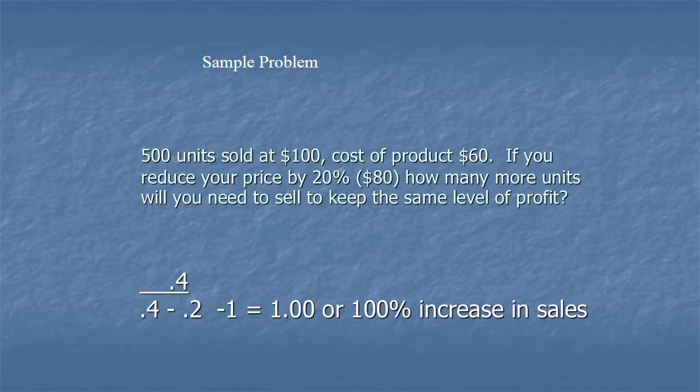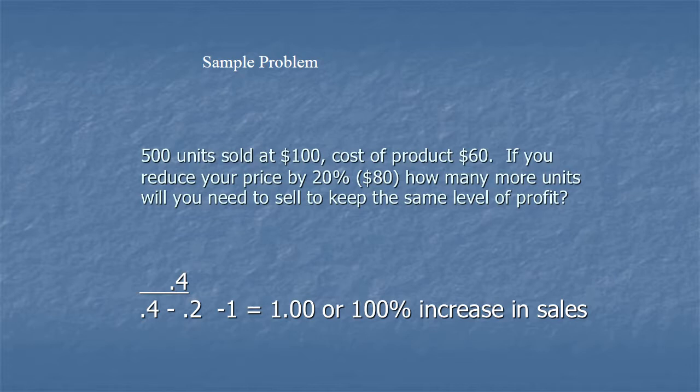So if we take that, you'll notice that it's 0.4 over 0.4 minus 0.2, or 0.4 over 0.2, or 2, minus 1, or 1, which means that if I reduced my price by 20% down to $80 from $100, I would have to double my sales, increase my sales by 100%, to get the same amount of profits.